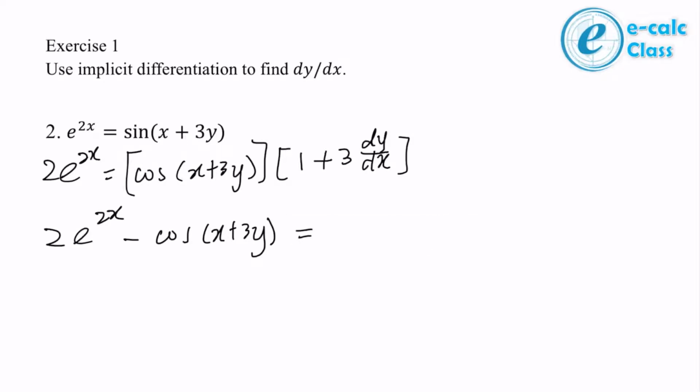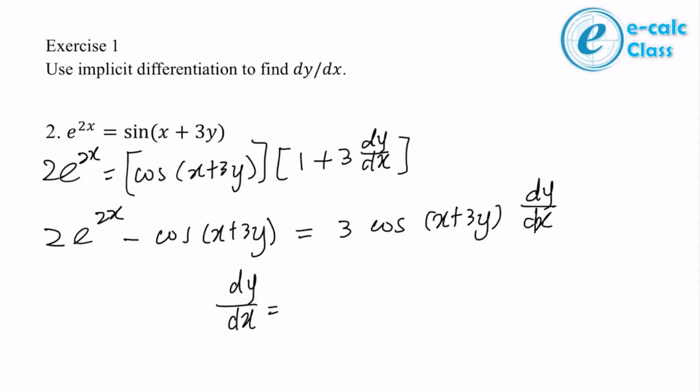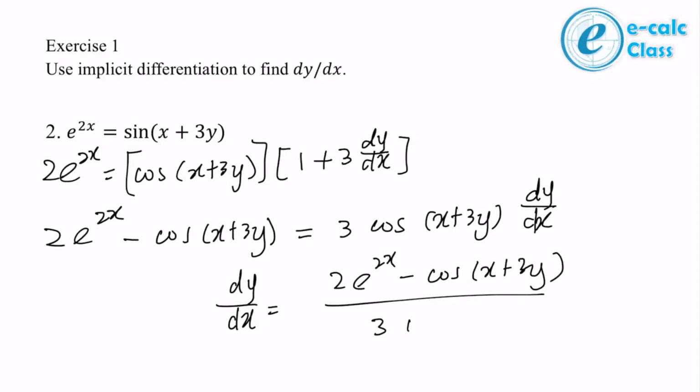Equals 3 cos x plus 3y dy/dx. Then I just solve for my dy/dx. 2e^2x minus cos x plus 3y over 3 cos x plus 3y. This is it.